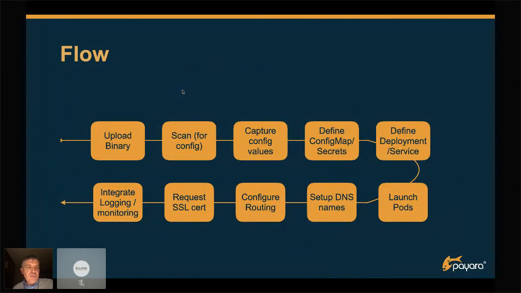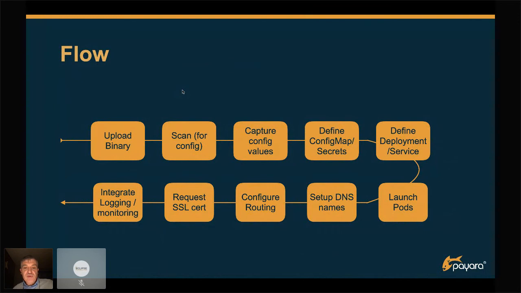So if you saw me uploading that MicroProfile application there and putting it live, there are various steps behind it. First of all, I uploaded the binary, and then, as I mentioned, it scans automatically for config and for database usage. So it scans for JPA persistence configuration elements or annotations which are related to a database.